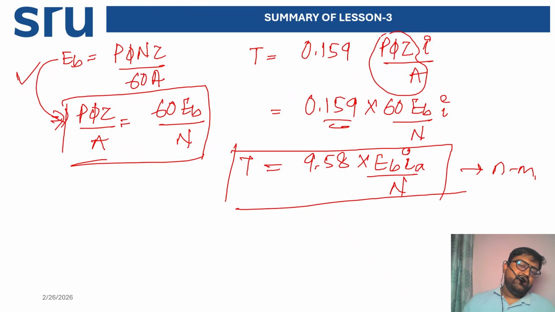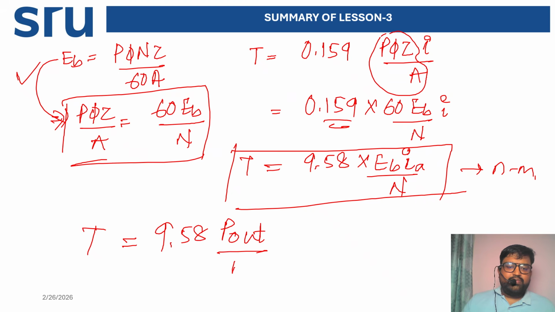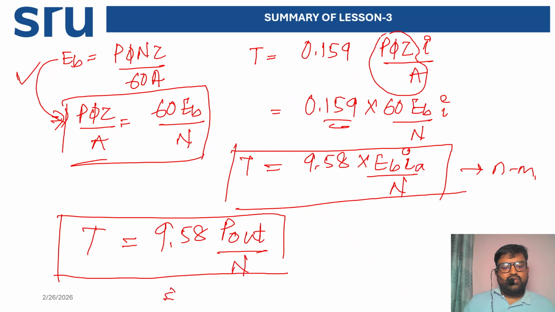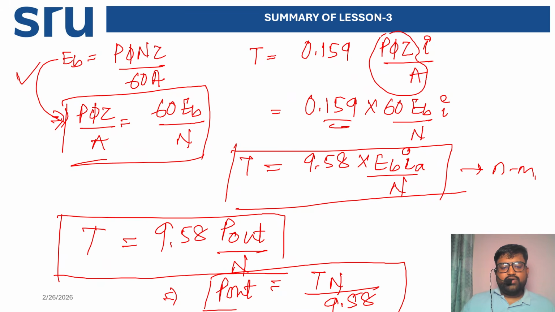But the point is, torque is nothing but 9.58 times the output power, or in a simplified way you can write P out is equal to torque into speed, by 9.8 you can do the formula of the torque.